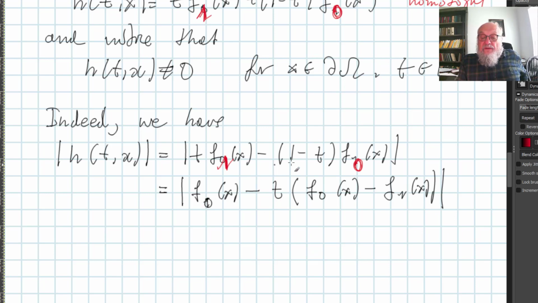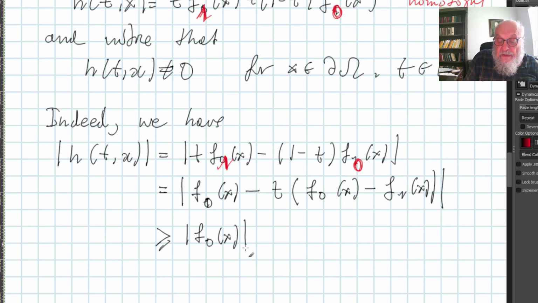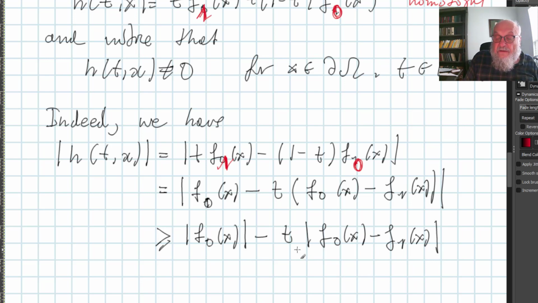Minus 1, so this is minus 1, and this is plus t, so minus t. Okay, it is changed a little, but that's the same. And then larger equal, and what do I get here? I'm getting f0 of x minus t, and this will be f0 of x minus f1 of x.